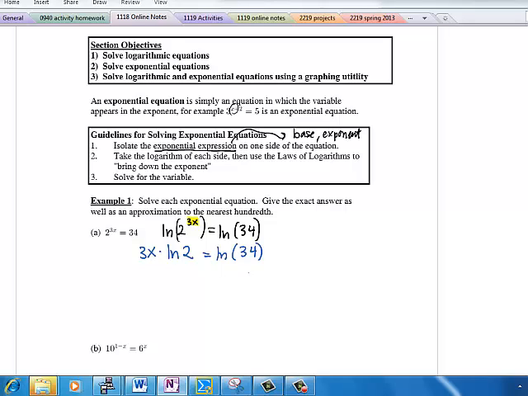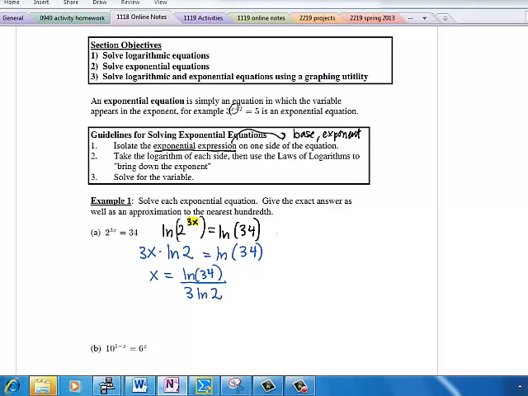So I just want to figure out how to get x by itself on one side. So x would be the natural log of 3/4, and then I would divide by 3 and divide by the natural log of 2. It would look like that: x equals the natural log of 3/4 divided by the quantity 3 times the natural log of 2.